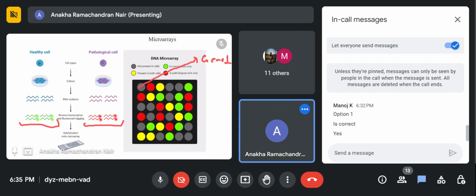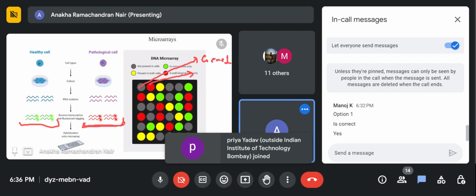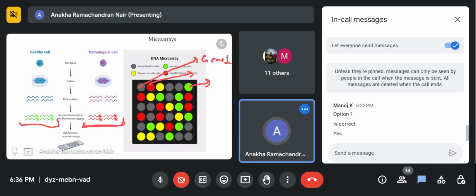Then you see this well where it is red. So that means this gene is active in the cancerous cell, but not active in the healthy cell. You see this green well, and you see that only green is showing. In that case, this gene is active in the healthy cell and not active in the cancerous cell, and anywhere you see yellow is where a mixture of these two is there.